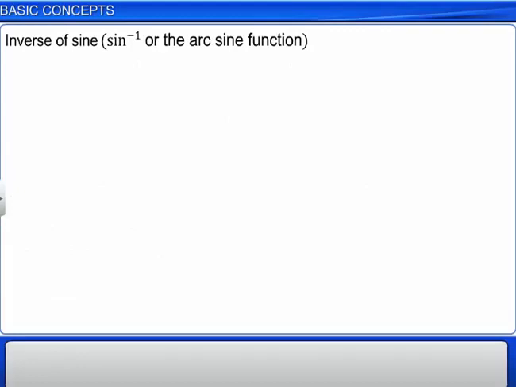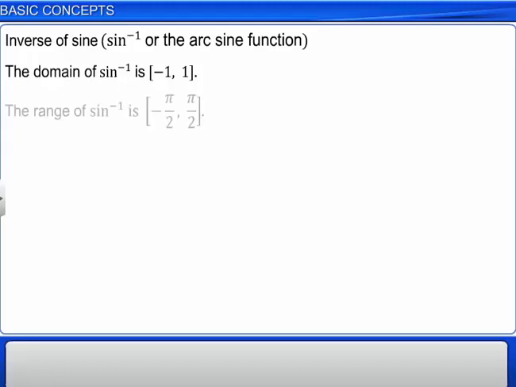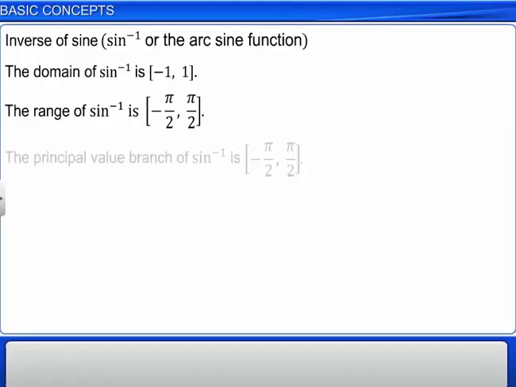The domain of the sine inverse is closed interval -1, 1, and its range is closed interval -pi upon 2 to pi upon 2. The branch with the range -pi upon 2 to pi upon 2 is known as the principal value branch of the sine inverse function.